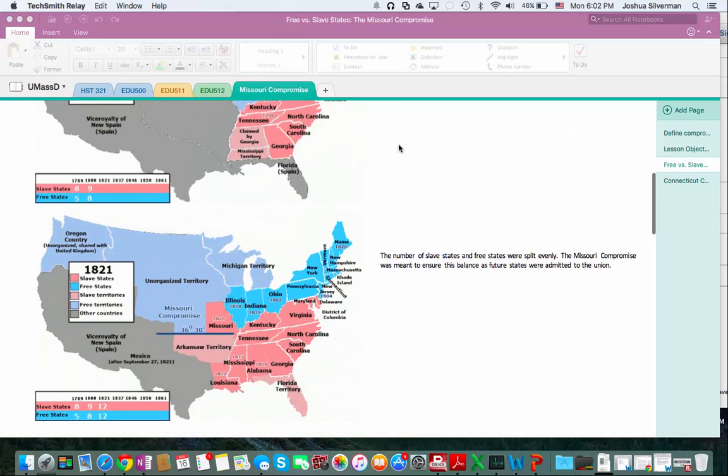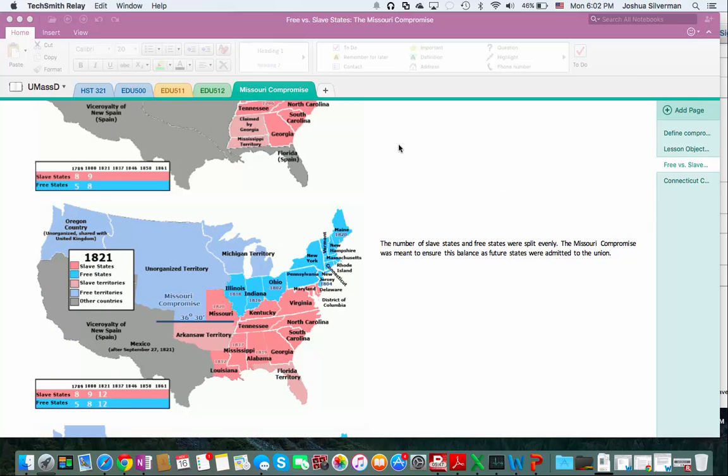And so by the time of the Missouri Compromise, around 1820, an agreement was made that Missouri would be admitted to the Union as a state, but in the future, all future states that came from this Louisiana Purchase above the 36th parallel would be considered free. Additionally, at the same time that Missouri was admitted, Maine would be admitted as a free state. It was actually broken off from the state of Massachusetts and given its independence.